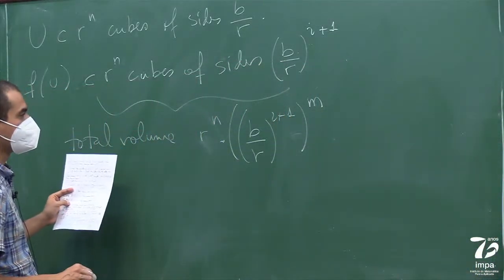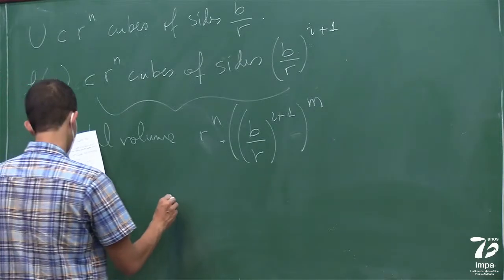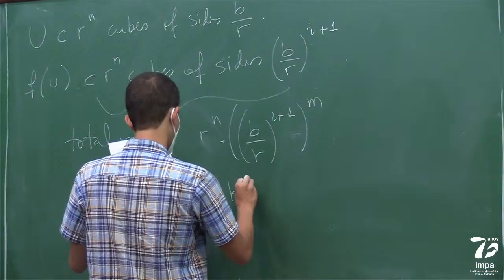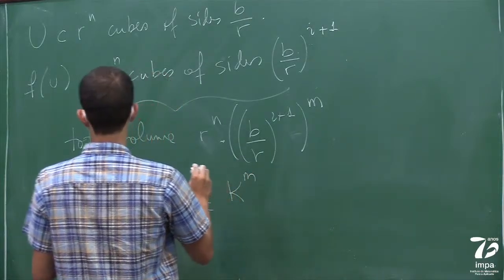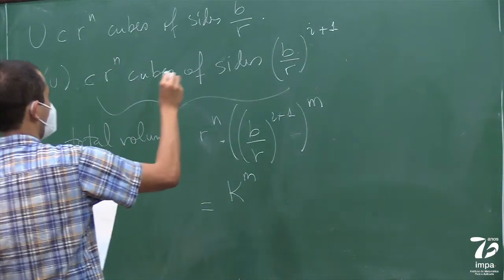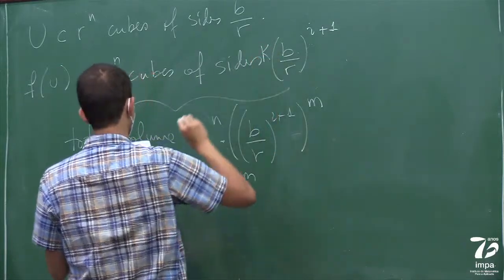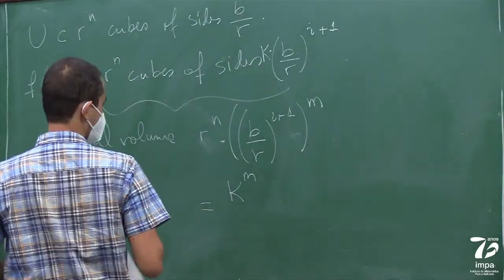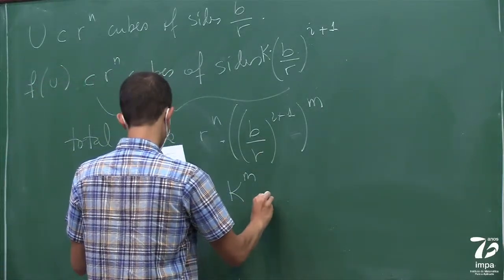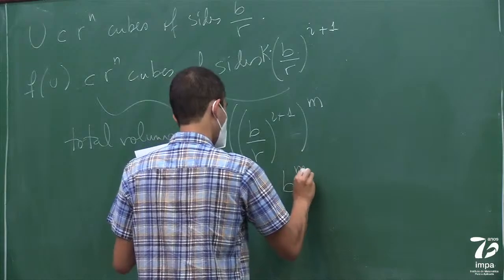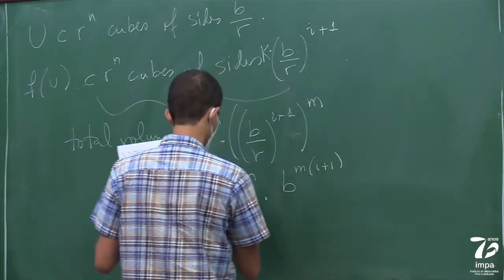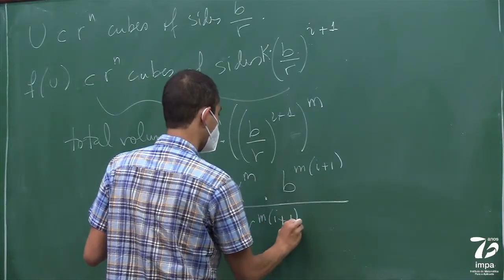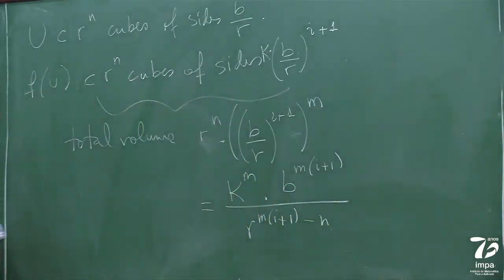And now this is equal to k to the m. Oh, sorry, I forgot the k. There's a k here. Yeah, that enters there. So I have k to the m times b to the m times I plus 1, and then I divide by r to the m times I plus 1 minus n. Okay, so that's kind of the formula.